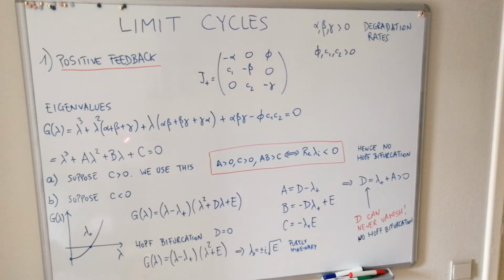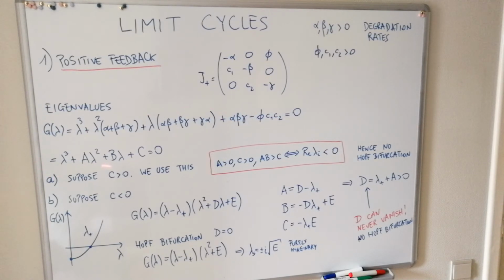So you see that A and B are certainly positive. The C can be positive or can be negative, because there are two contributions, one positive and one negative. It depends on which of the two wins.